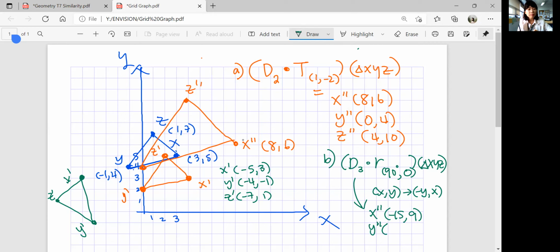Y'' is (-12, -3). Z'' becomes (-21, 3). Okay, so if you draw that, it's gonna be a big one over here. It's gonna go outside the graph, so I'm not gonna graph that, but that is your coordinate points, and that's gonna be your answer.